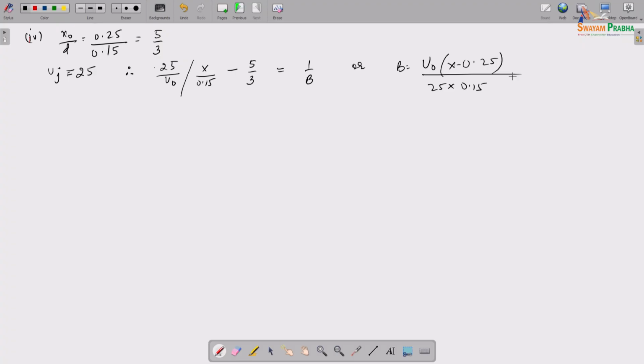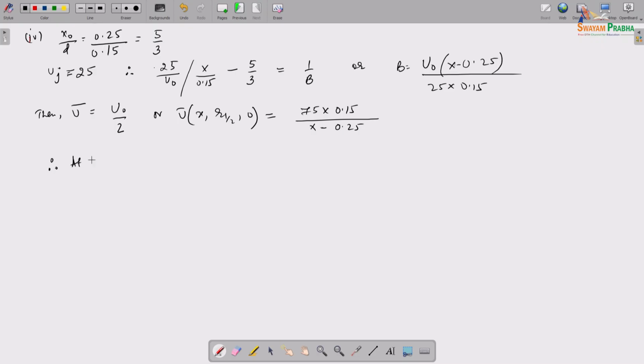Then u mean is equal to basically u naught by 2, so u mean at x, r half is equal to this.